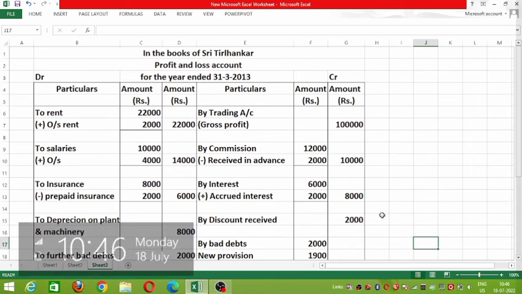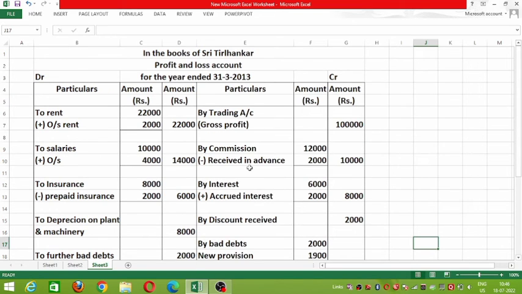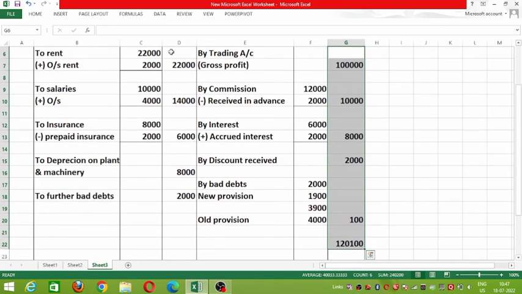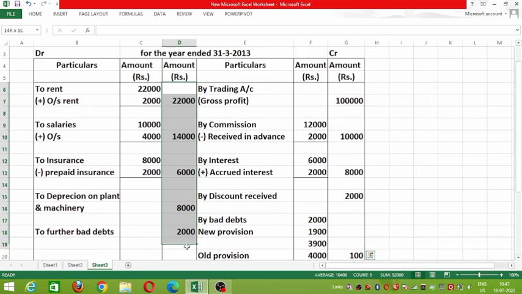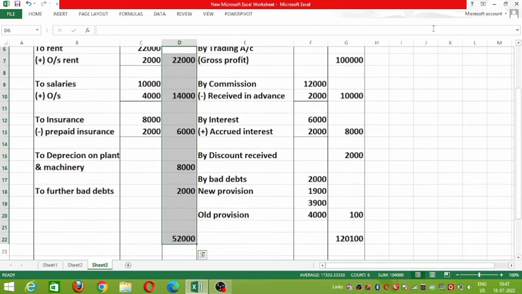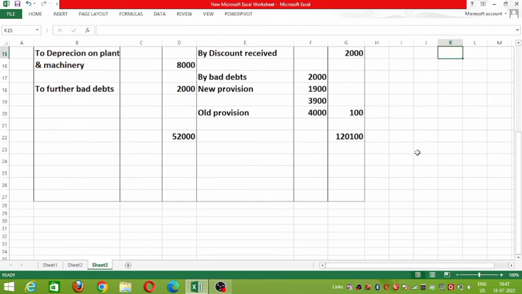So now let's see the total, whether the debit side is higher or credit side is higher. Let's see. So the credit side amount is higher than the debit side. So on both sides we should write the highest amount.